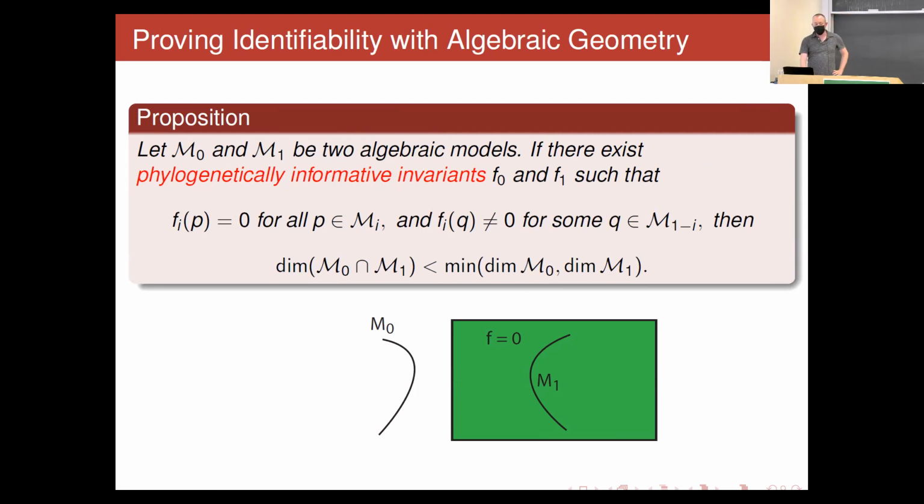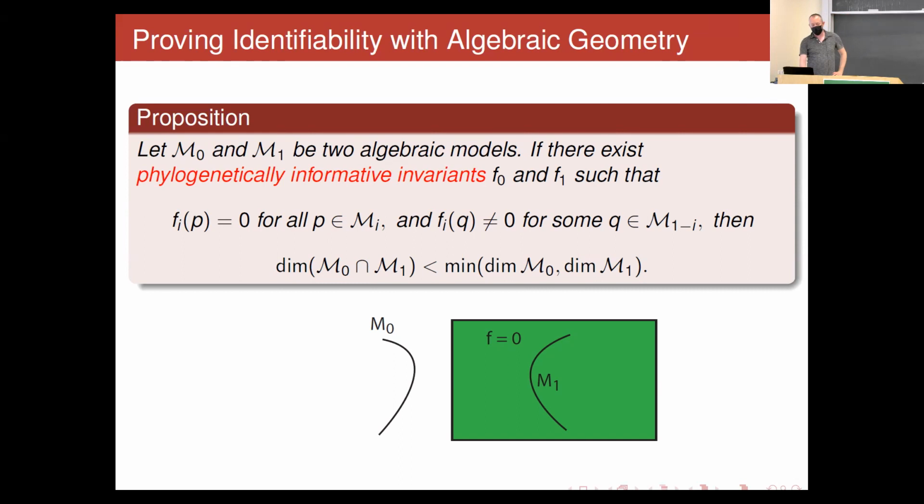So if you have an invariant that evaluates to 0 for all probabilities in the one model, and doesn't evaluate to 0 for some distribution in the other model, then because these semi-algebraic sets are images of polyhedra under polynomial maps, the Zariski closure is an irreducible variety.